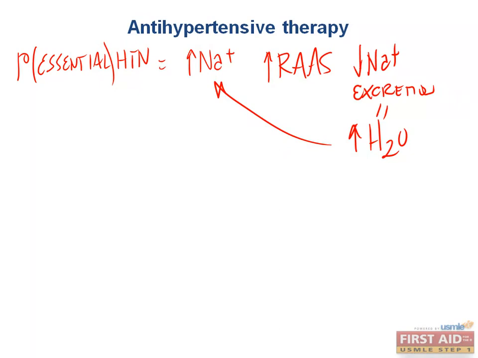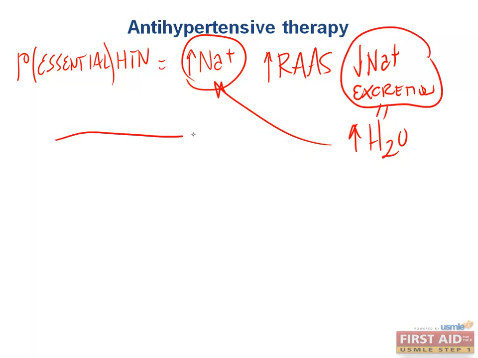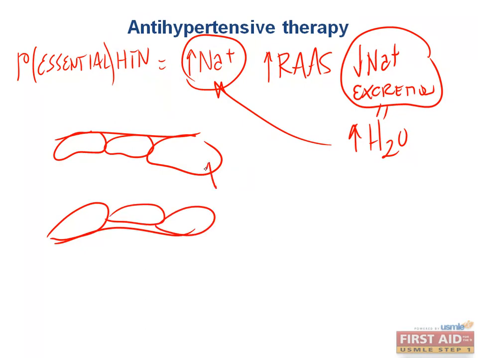So if sodium is really high because we are inappropriately retaining amounts of it and inappropriately excreting low amounts of it, it can actually enter the endothelial cells that are sitting in our vessels. So you have an increase in the intracellular sodium of endothelial cells and vascular smooth muscle cells. If you activate voltage-gated calcium channels because of this increase in intracellular sodium, you will also have an influx of calcium.